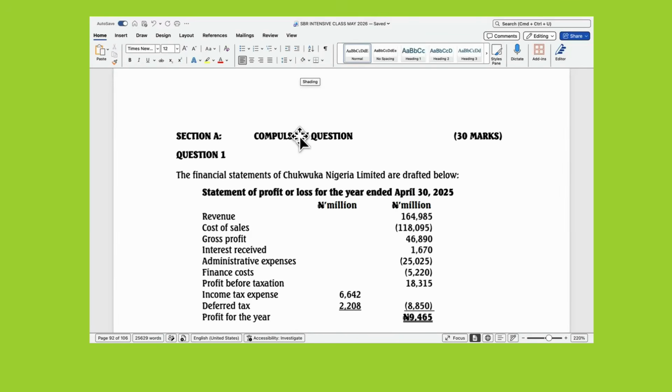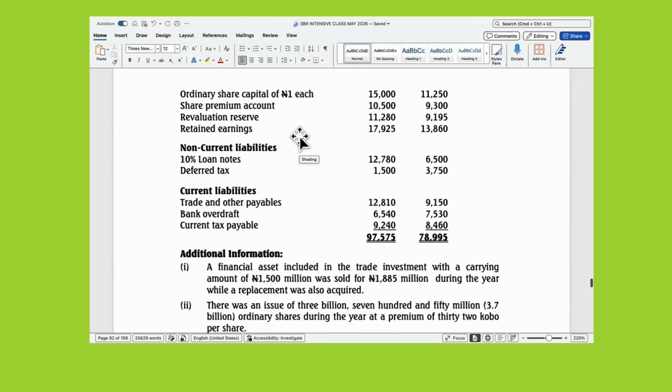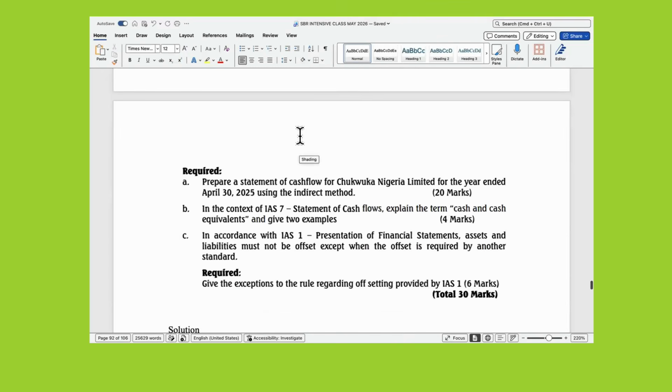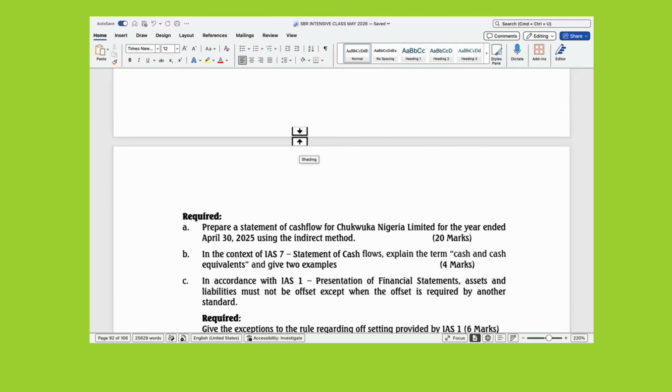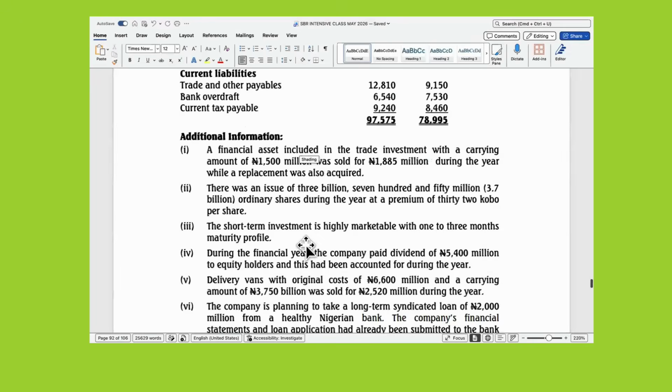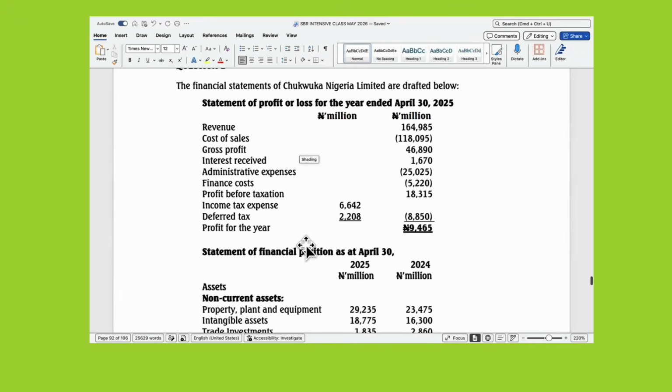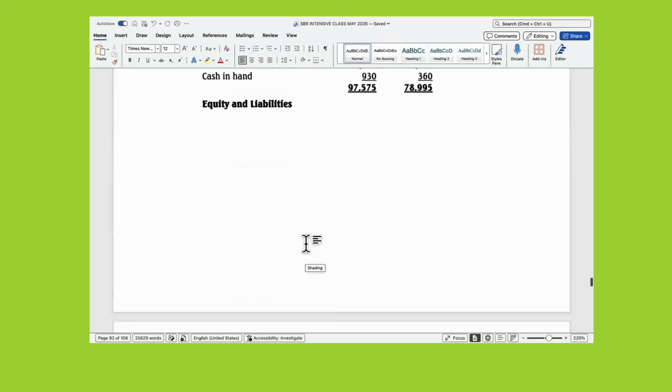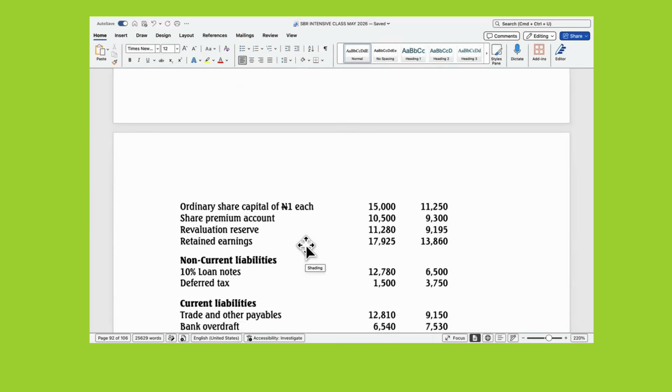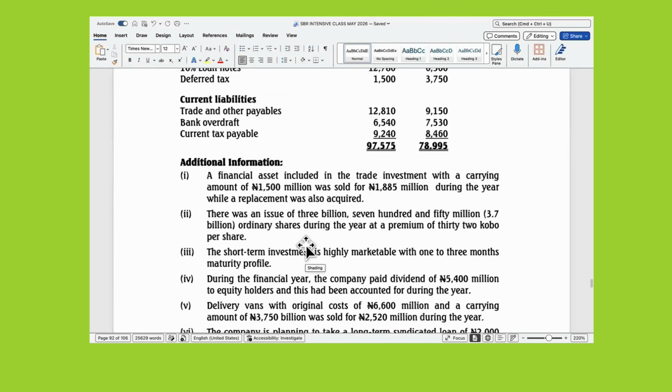It was 30 marks. The examiner asked them to prepare a simple statement of cash flows for 20 marks, and they asked them to use the indirect method. So they gave them the P&L, and they were also given the statement of financial position, and some additional information.